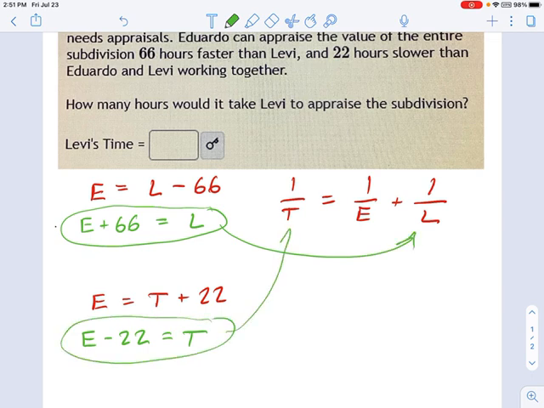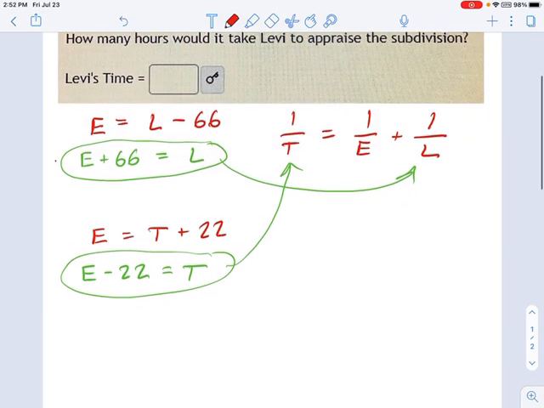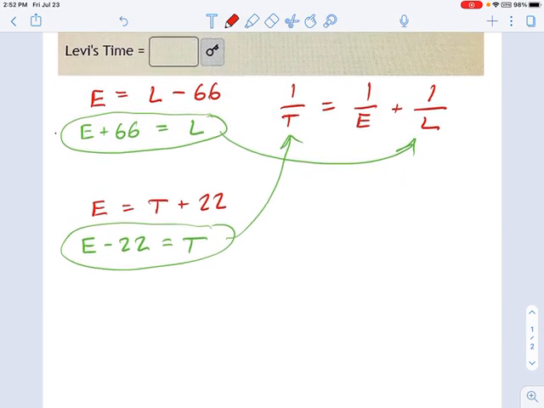So let's rewrite the work equation having plugged in this information. I get 1 over, not T, 1 over E minus 22 equals 1 over E plus 1 over, not L, but E plus 66.